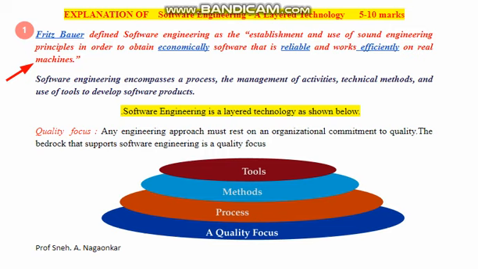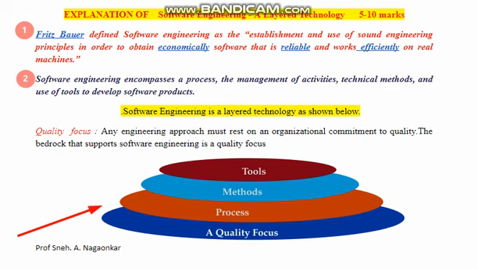All right, now let us go towards our next heading, that is the layered architecture. When you see this diagram, you can notice that software engineering is a layered technology which consists of four layers.